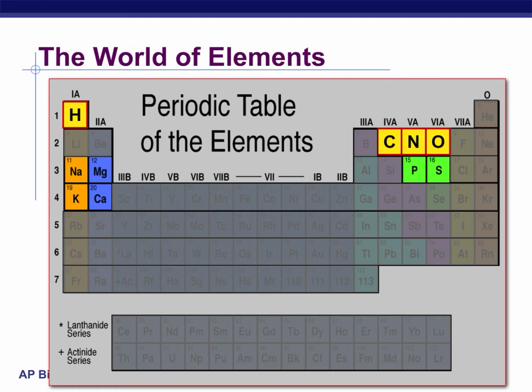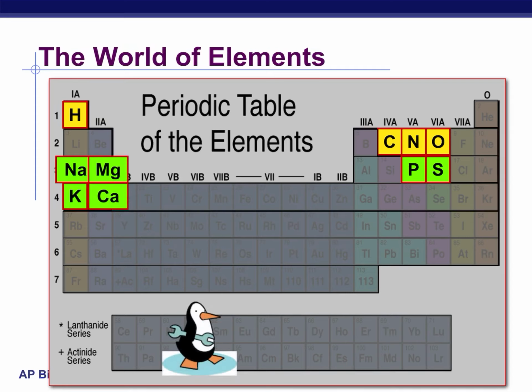They make up the majority of biological molecules and have the highest percentage of representation in them. Phosphorus and sulfur also play an important role. You're going to see them far more than sodium, magnesium, potassium, or calcium, which are seen only in trace amounts in some biological molecules.